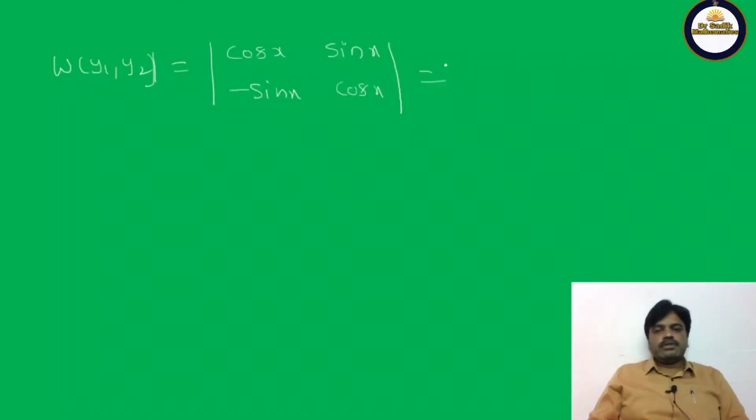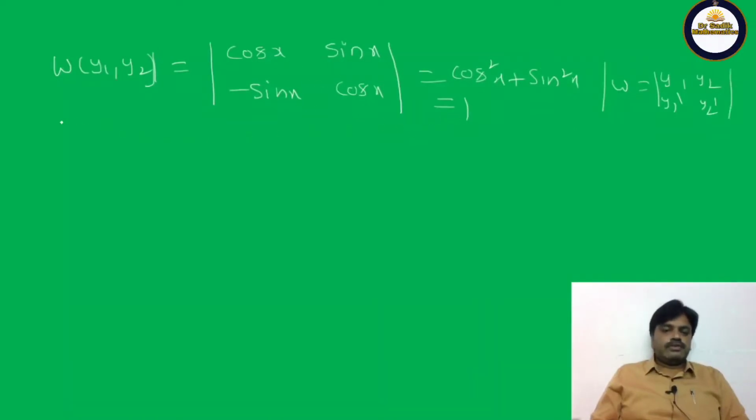That is cos x into cos x, cos square x, minus and minus plus, sin x into sin x, sin square x. Cos square x plus sin square x is 1. So the Wronskian value is 1.